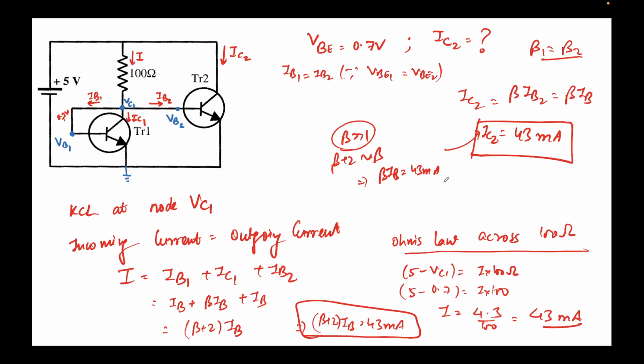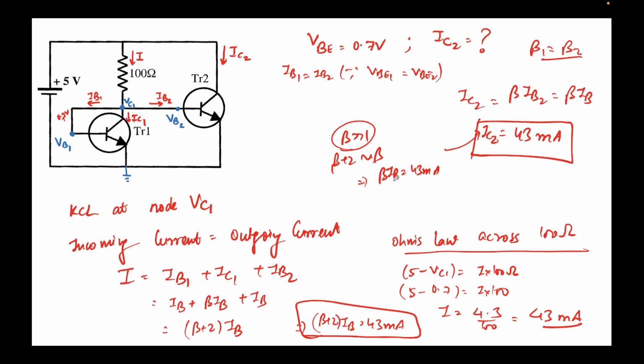So beta here we have assumed, right? Since it was not given in the problem, you can see that over here. We obtained 43 milliamps, and this was equal to beta plus 2 times IB. I cannot get the value of IB unless I know beta. But if I assume beta to be very large, let's say 100 or 200, I can drop the 2 and simply say beta IB is nothing but 43 milliamps.